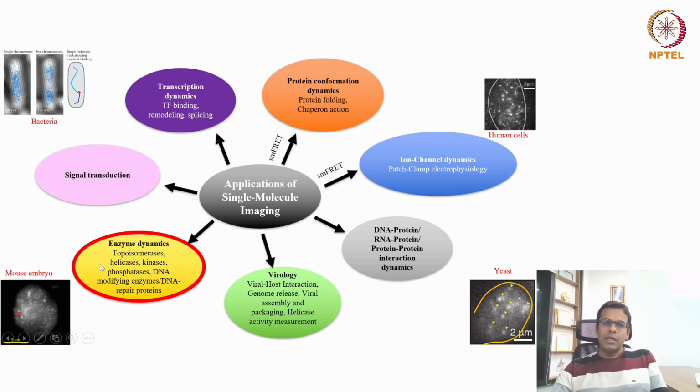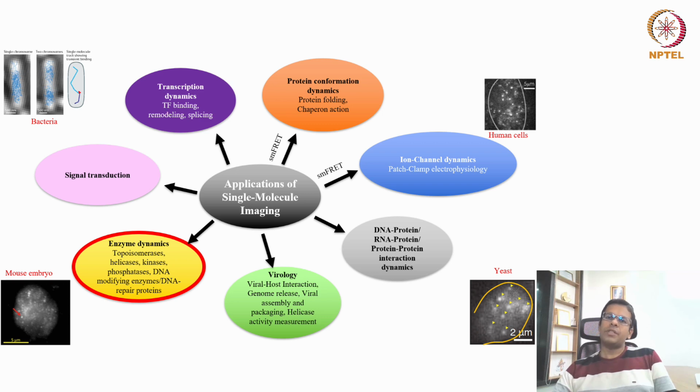You can literally quantify how long this topoisomerase takes to remove the supercoiling of the DNA, or how long this kinase takes to phosphorylate any particular protein. Then it has several applications in signal transduction, and also it can be used for studying transcription dynamics, like how long the transcription factor binds to the gene promoter for the activation of transcription.